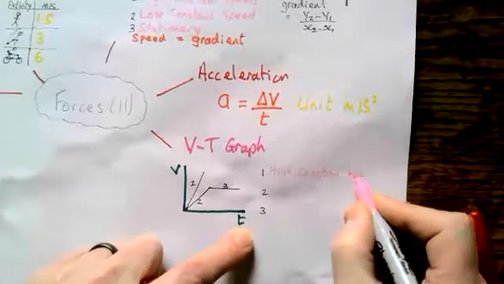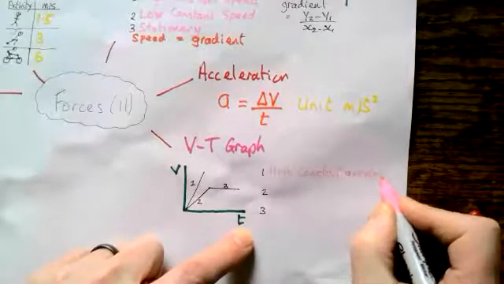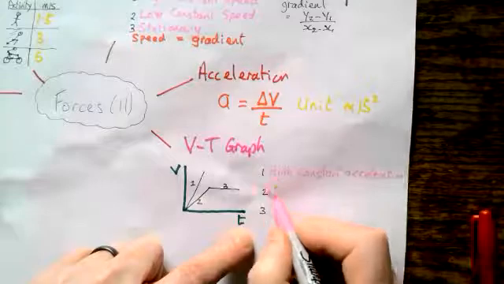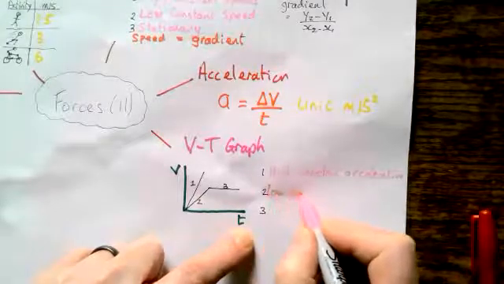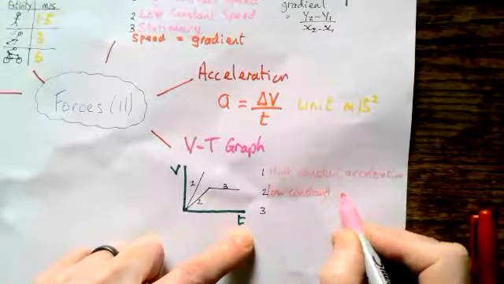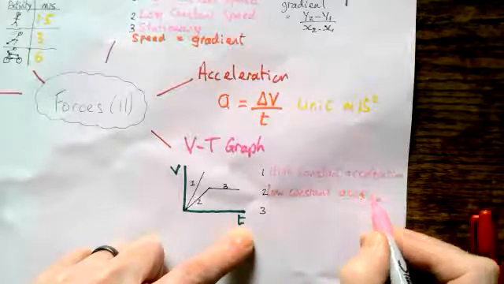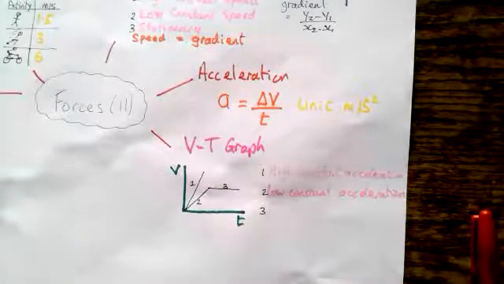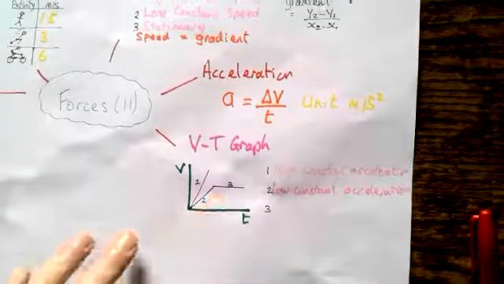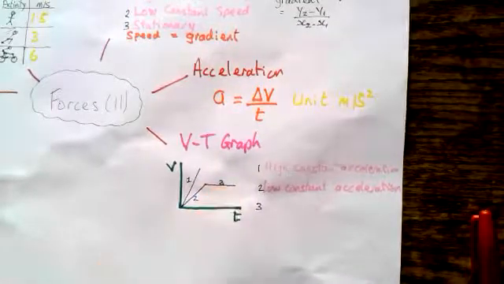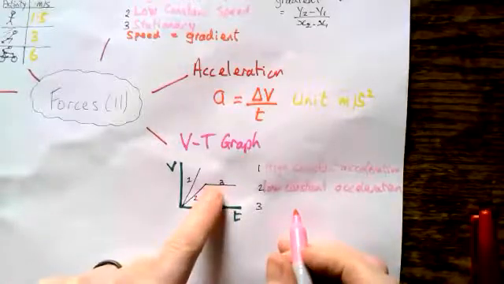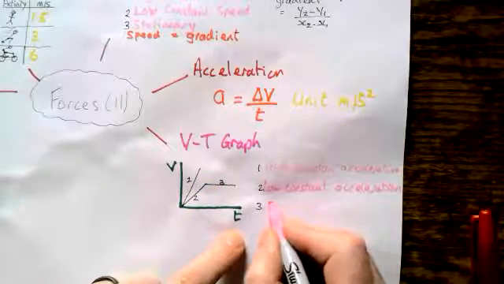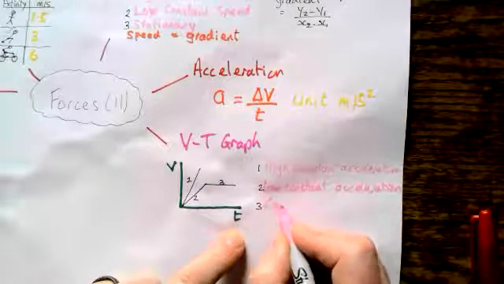And part 2 is a lower constant acceleration. So the gradient on the velocity time graph represents acceleration. The horizontal section, point 3, goes across a straight line at a specific velocity. So this one is constant speed or constant velocity.